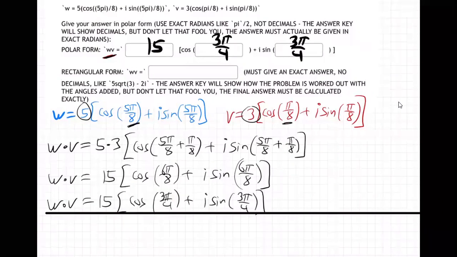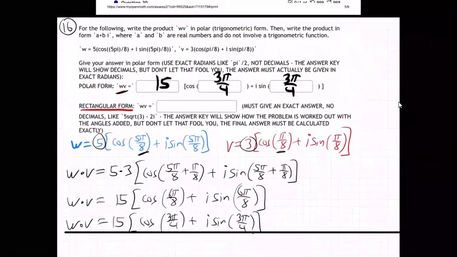Now for the second part, they want us to give rectangular form. Notice it says you must give an exact answer, no decimals, like 5 square root of 3 minus 2i. The answer key will show how the problem is worked out with the angles added, but don't let that fool you.